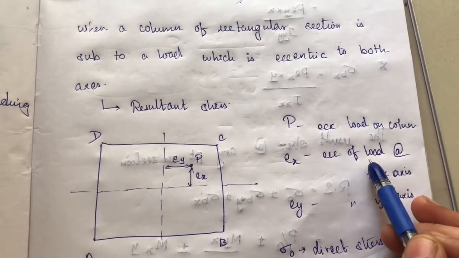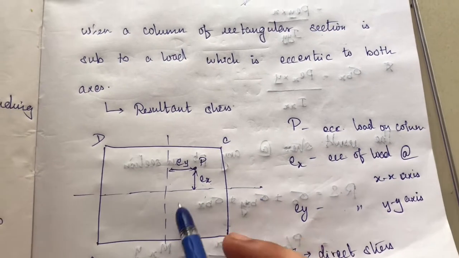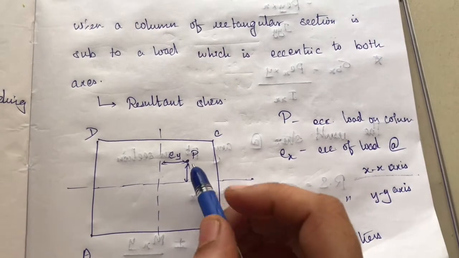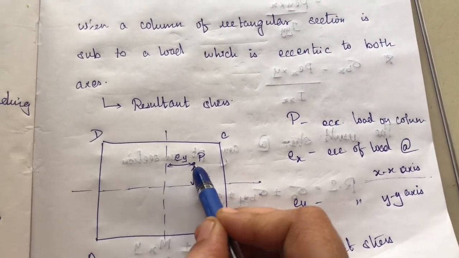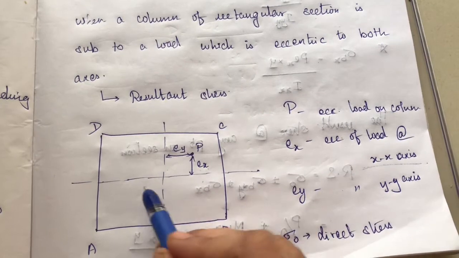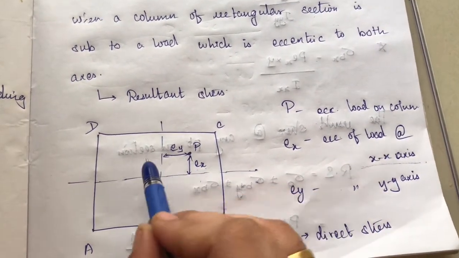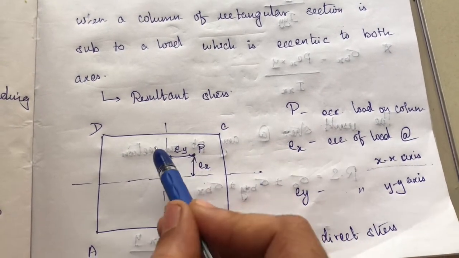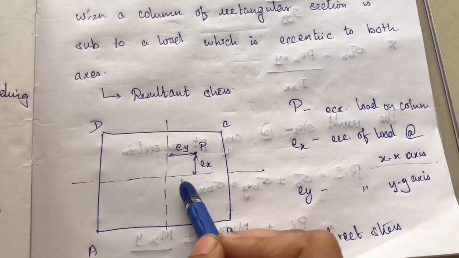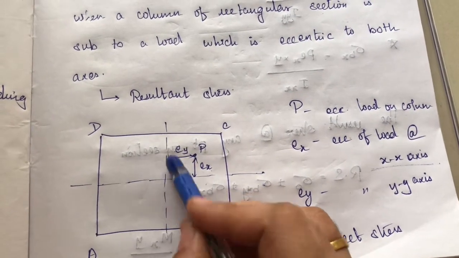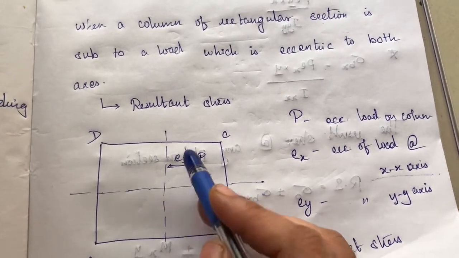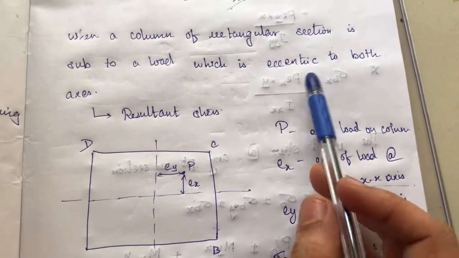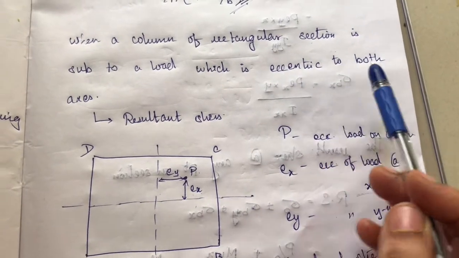EX means eccentricity of load at XX axis. Here it is at YY axis. The distance is at XX axis and this distance is at YY axis. இது வந்து XX axisல இருக்கிற distance, இது YY axisல இருக்கிற distance. ஓகேங்களா. ஸோ எப்படி சொல்லனா, இந்த distance வந்து இந்த axisல தான் நம்ம கம்பேர் பண்ண முடியும், இங்கே Yக்கு அது கிடையாது. So this distance will compare with the YY axis. So EY. ஓகேங்களா.